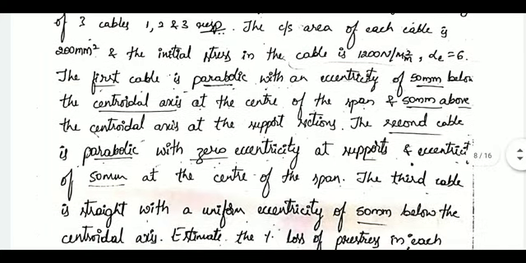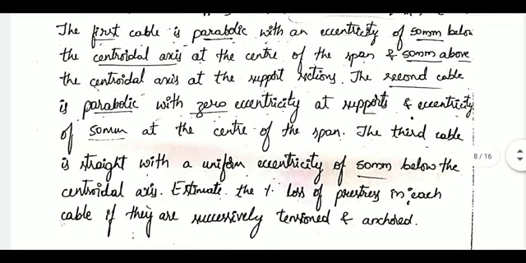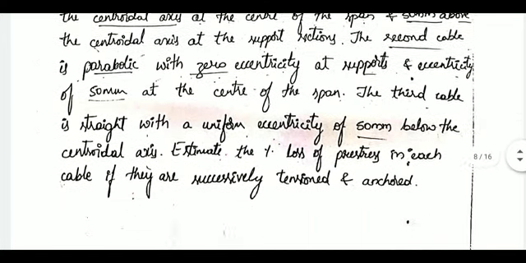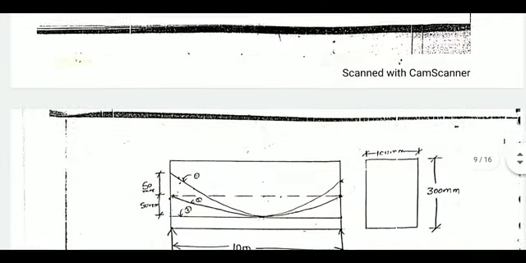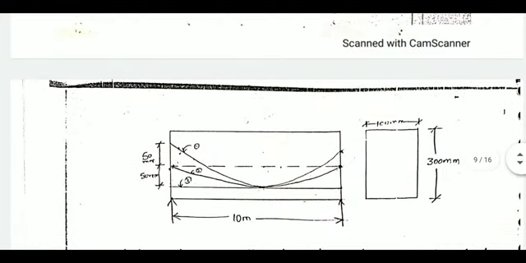The third cable is straight with a uniform eccentricity of 50 mm below the centroidal axis. Estimate the percentage loss of prestress in each cable if they are successively tensioned and anchored. So you can observe the figure carefully and understand the question. The top one is first, the middle one is second, and the straight one is the third cable.